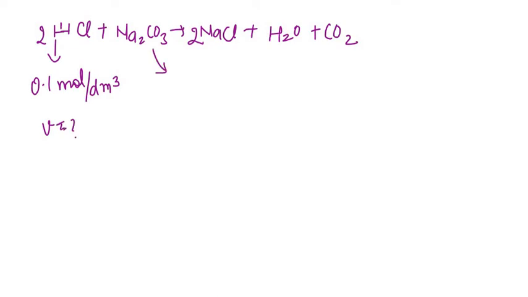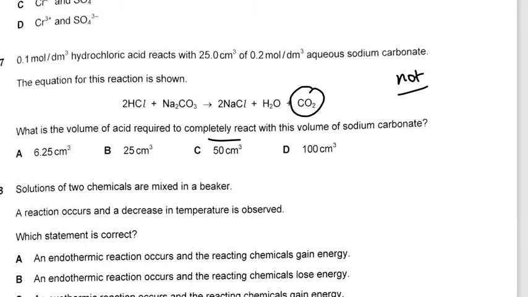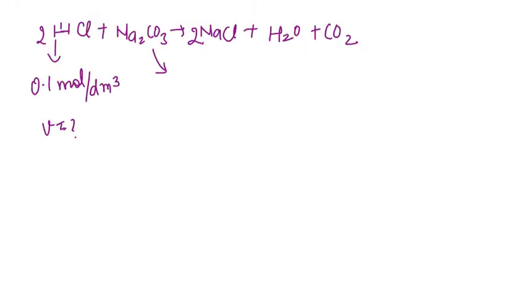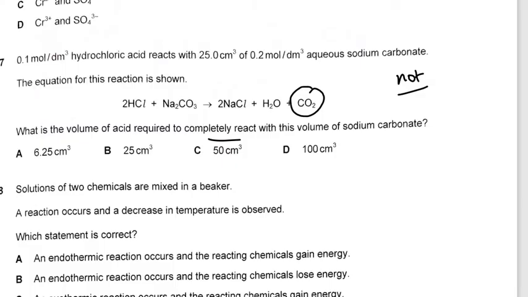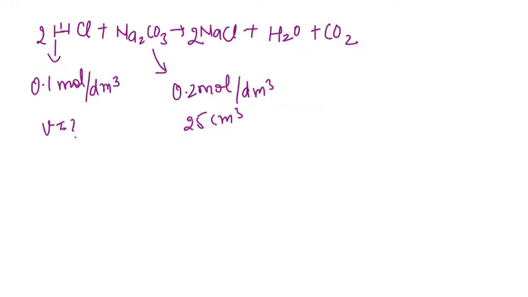For Na2CO3, they have again given you the concentration, 0.2 mole per decimeter cube, and the volume, 25 centimeter cube. They want the volume of HCl required to completely react. You don't require anything related to the product.